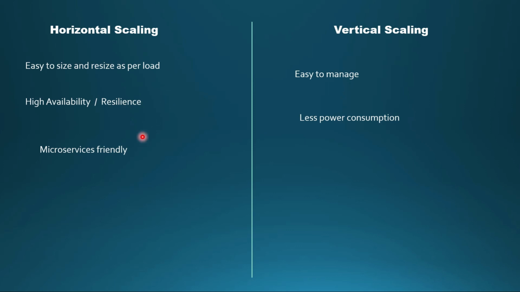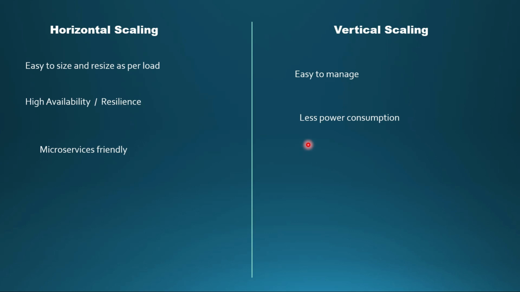Then, horizontal scaling is microservice friendly, right? Because if you have distributed your application into many services, then as per the load you can scale up the services. If some of the modules are used more, you can scale that particular microservice more.